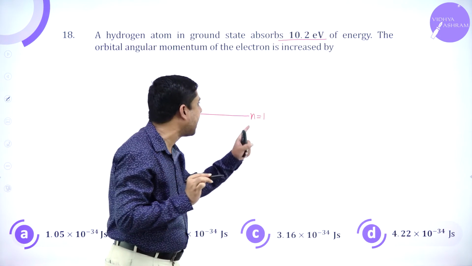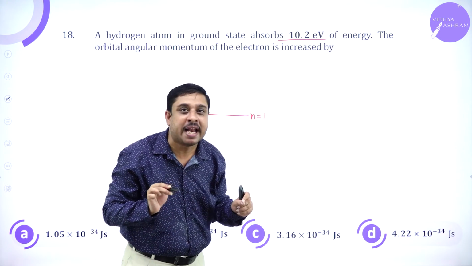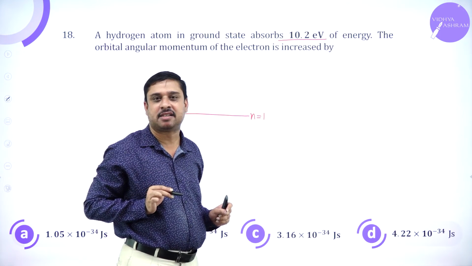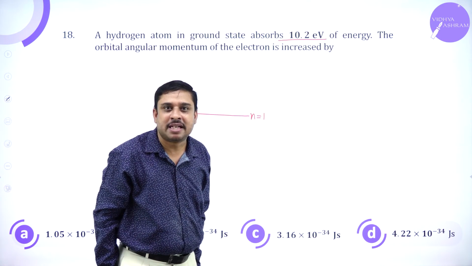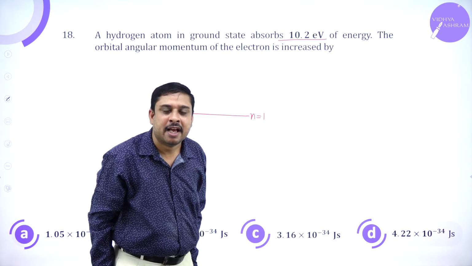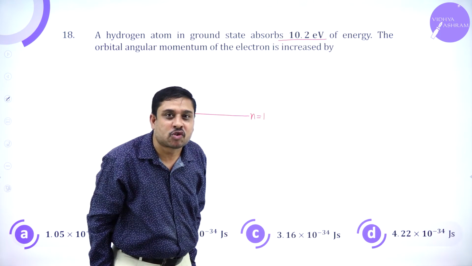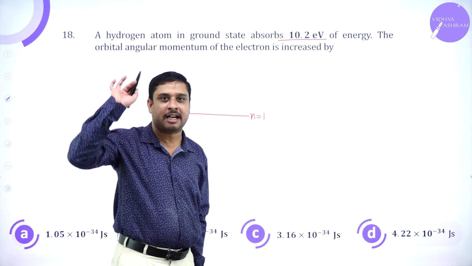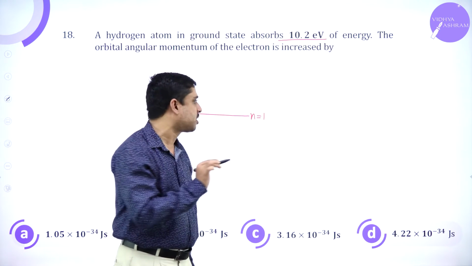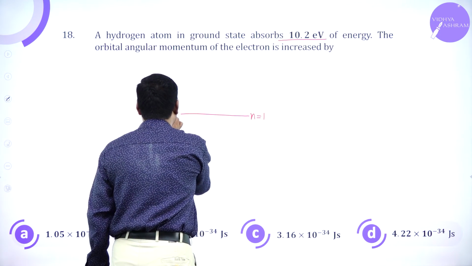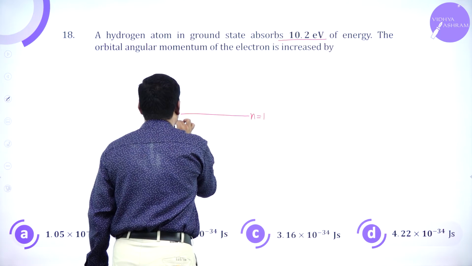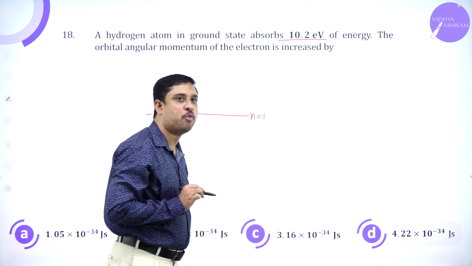Very clearly, n equals 1, ground state. My dear students, what is the energy of an electron in the ground state? We have studied the hydrogen spectrum. We know it is minus 13.6 electron volt.